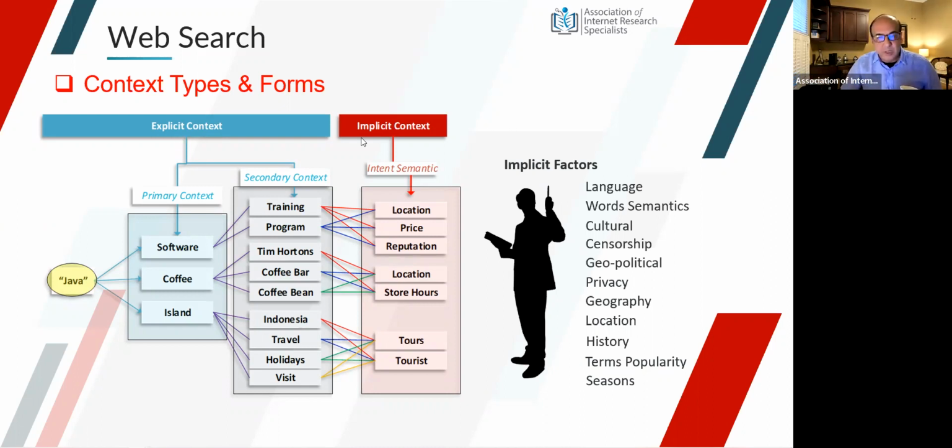So that's just to differentiate between explicit context and implicit context. A lot of times when we are doing our own research work, because it's research, it needs to be totally non-biased. It doesn't have to be localized. We want to do global searches.